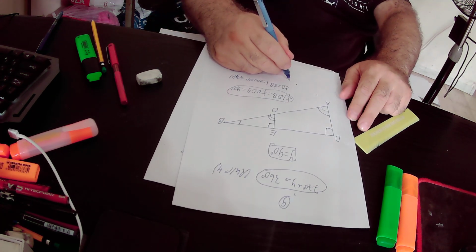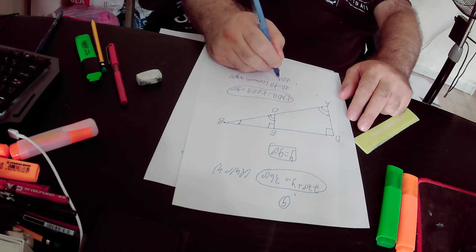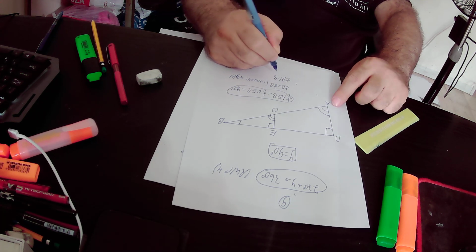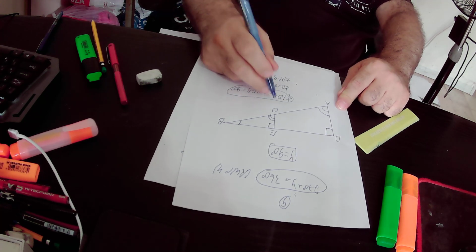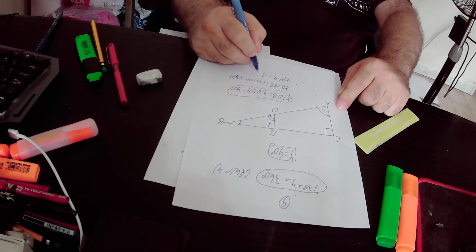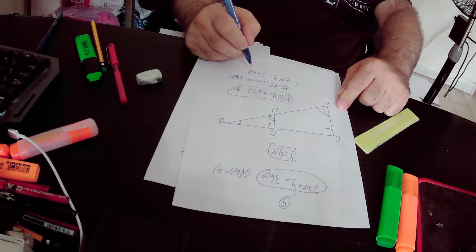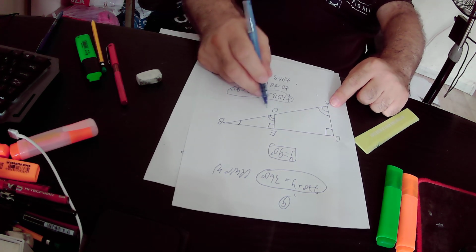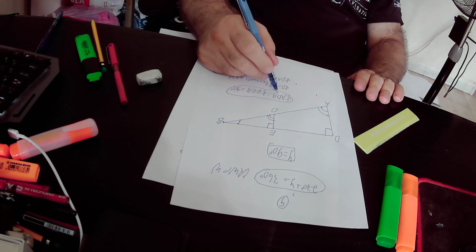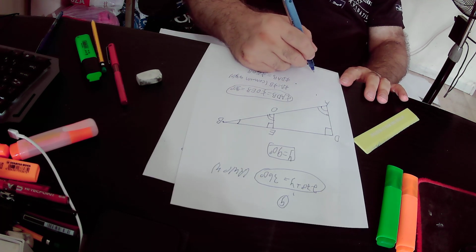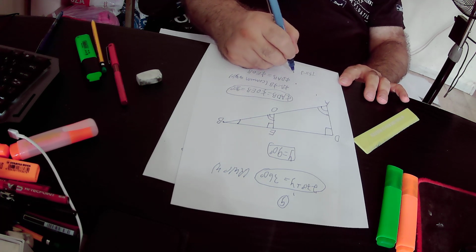Angle DAB in the big triangle is equal to angle EOB, this angle in the small right triangle. Those two angles are equal to each other according to the third angle theorem.